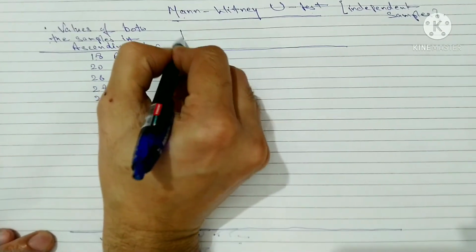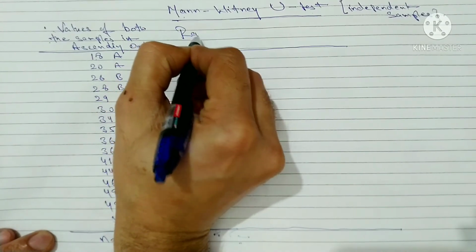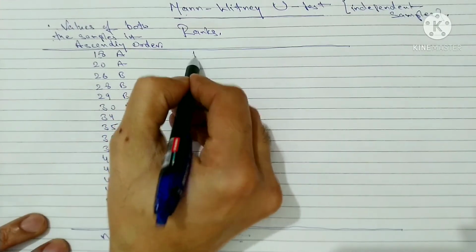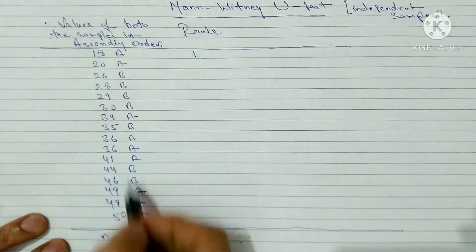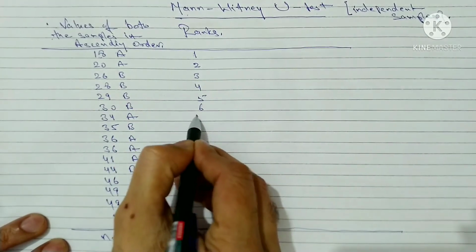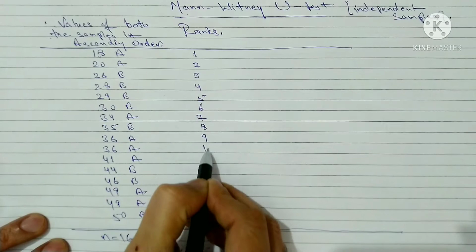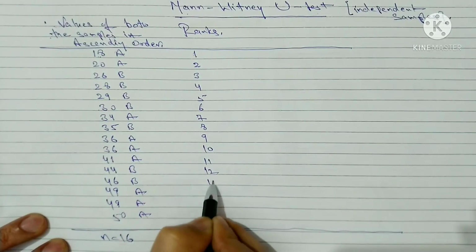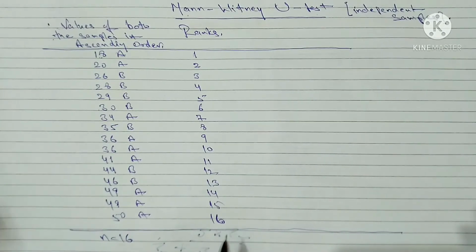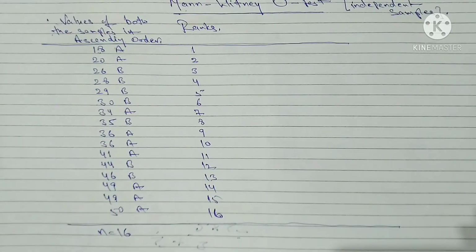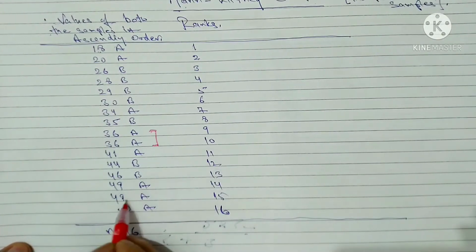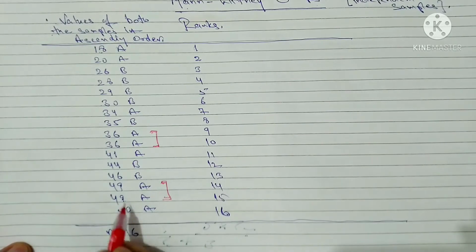Now assign ranks in increasing order. Lowest number gets first rank, then 20 is already in ascending order: second, third, fourth, fifth, sixth, seventh, 8th, 9, 10, up to 16. We have n equals 16. Now two ties are there: 36 is tie number 1, 49 is tie number 2.